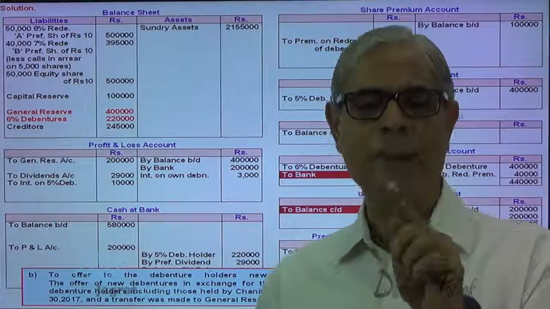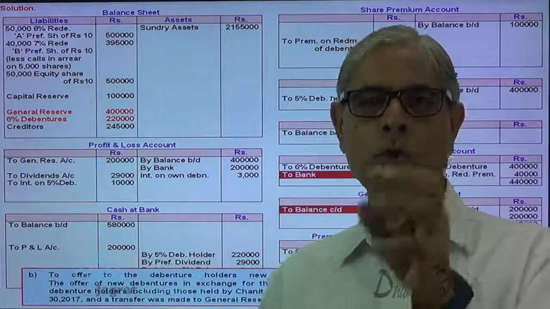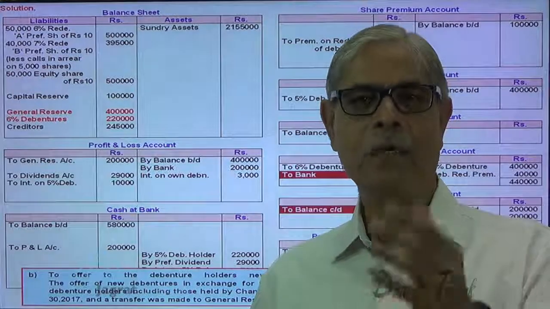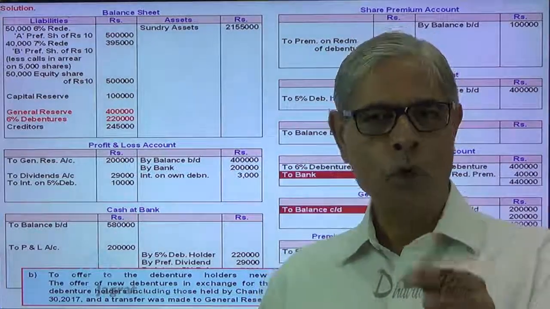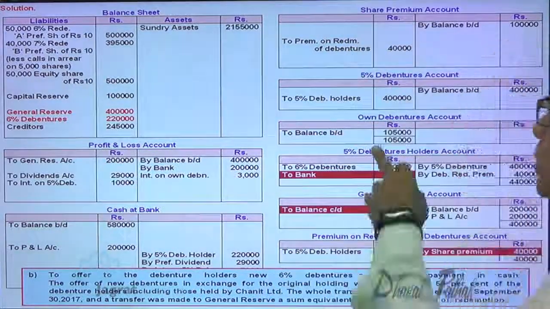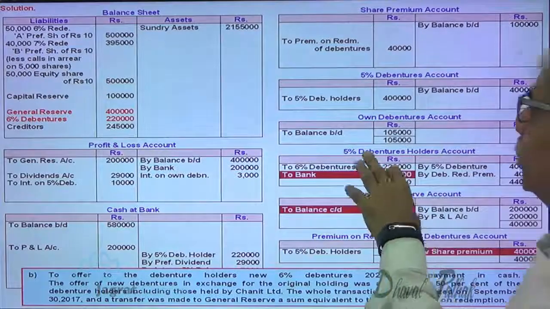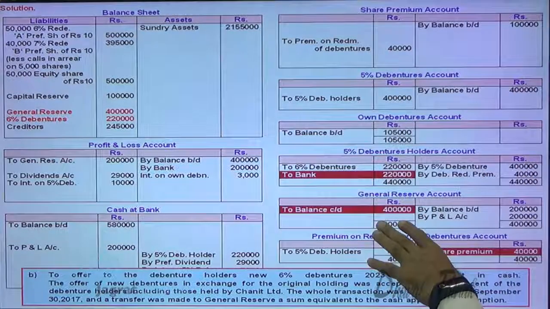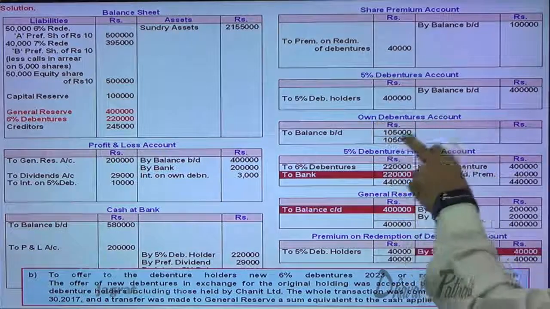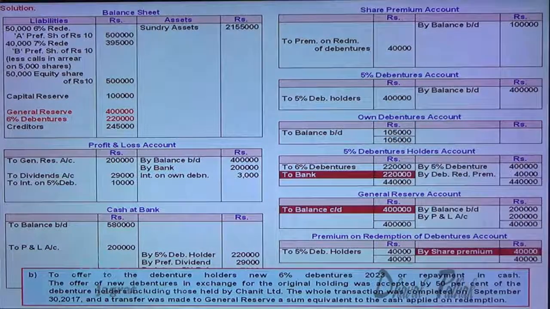So my new own debenture, which are converted against the old debenture. So old own debenture were of 5%. New own debenture will be of 6%.